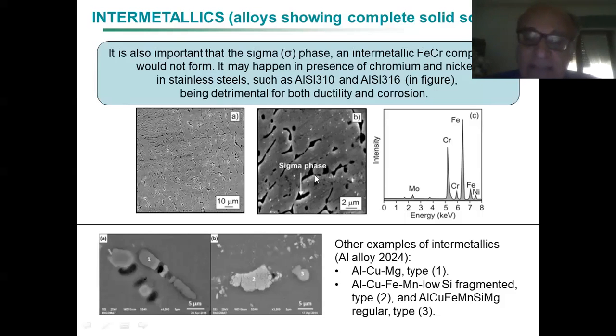But aluminium alloy 2024 is an aluminium with the second alloying element, which is copper. It's a series 2 aluminium. And you can see here that they have some kind of intermetallics, which are represented in that area. When the alloying is quite complicated, we have three types of intermetallics.